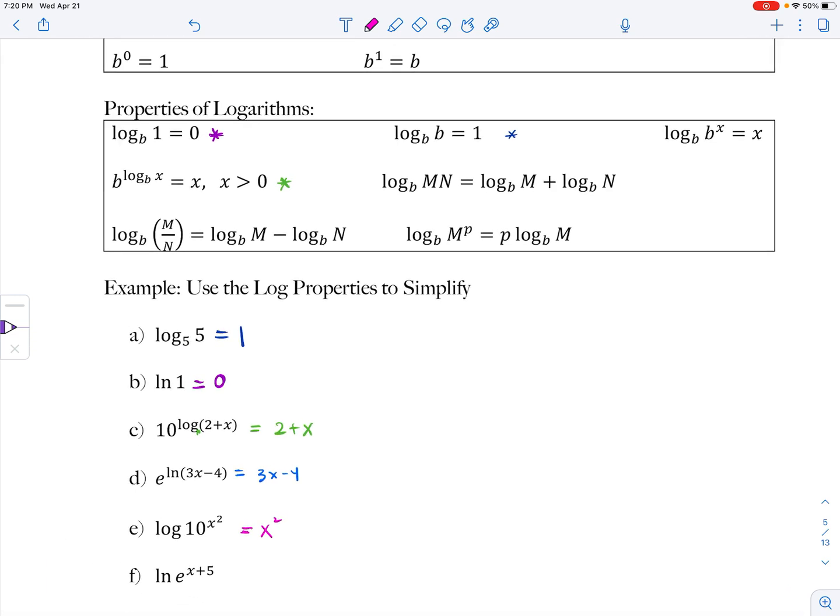And that would be this property up here, okay? And if you thought about writing in the equivalent exponential form for this statement, 10 to the x squared power would be equal to 10 to the x squared.